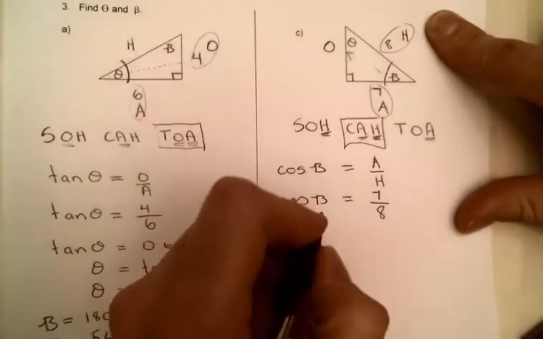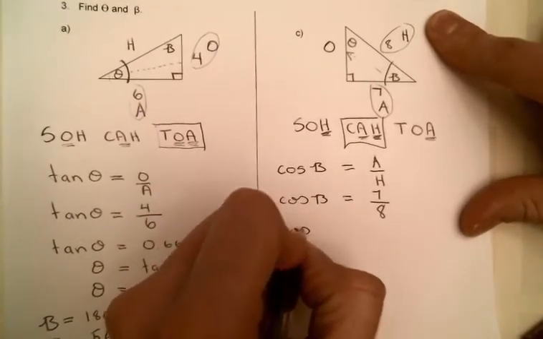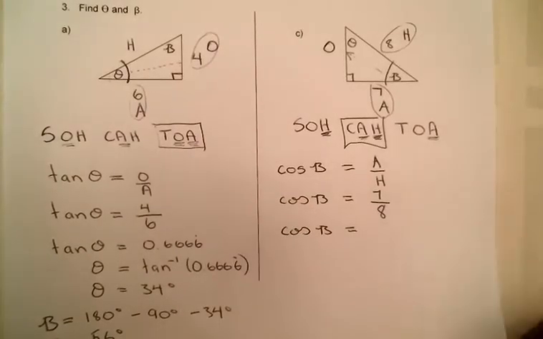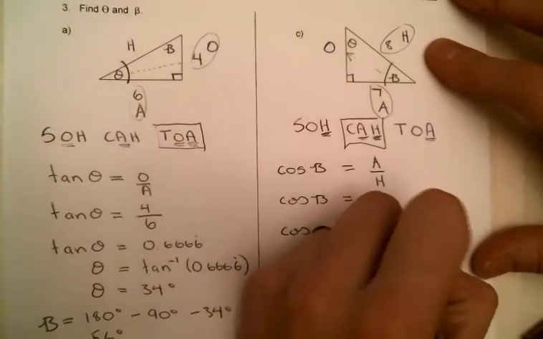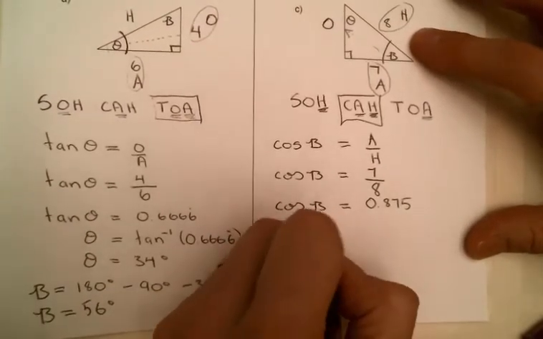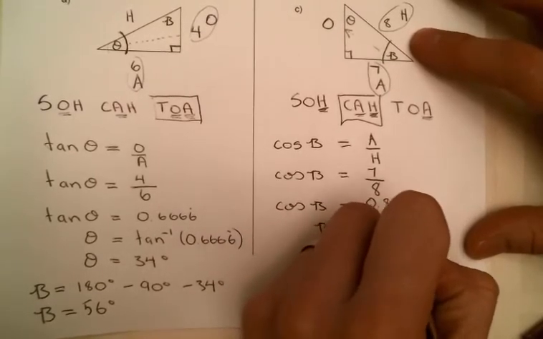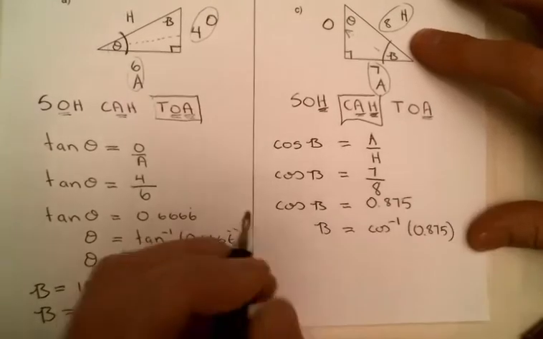Okay. And now we're going to go after beta. So 7 over 8, 0.875. Okay. And you have to use the right form. So beta is inverse cos 0.875.